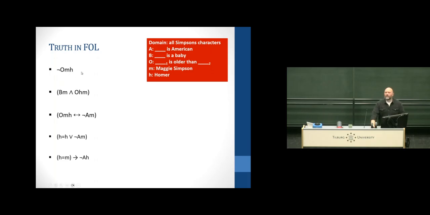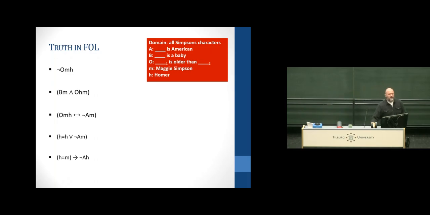Is Maggie older than Homer? No, right? Maggie's a baby. Homer's her father. So clearly the negated sentence is false. But if the negated sentence is false, what's the truth value for the negation? It's true, right? Bingo. So our first sentence is true on this interpretation.